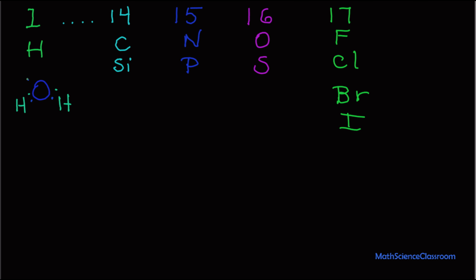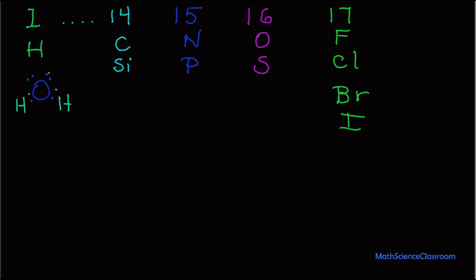And then we have two lone pair electrons on the oxygen. So there we have H2O. Oxygen has a completed octet, and hydrogen only requires two valence electrons to fill its outer valence because it's a very small atom. So it has a completed outer valence.